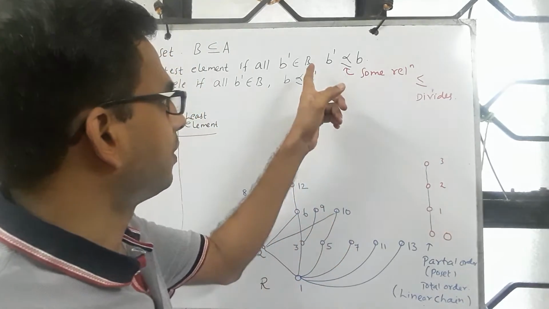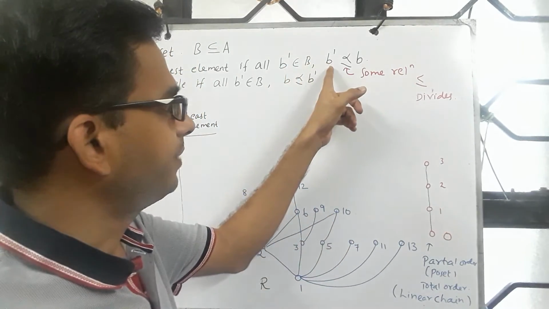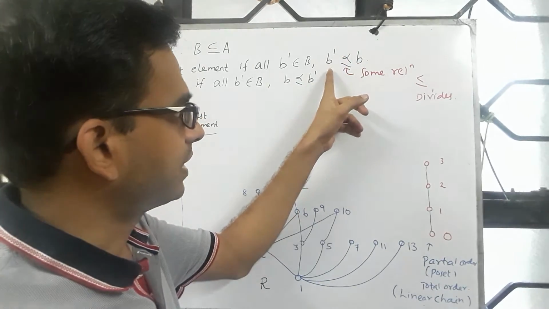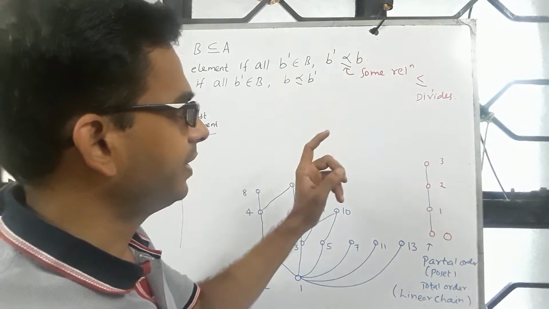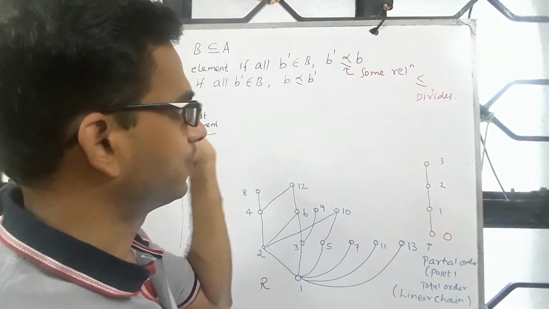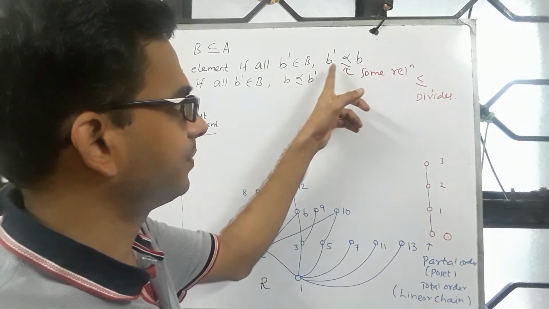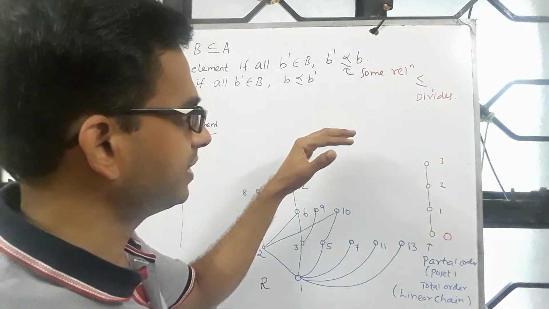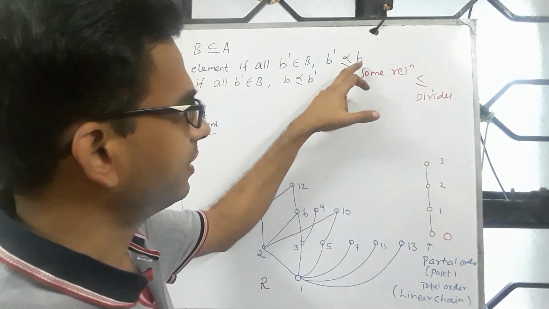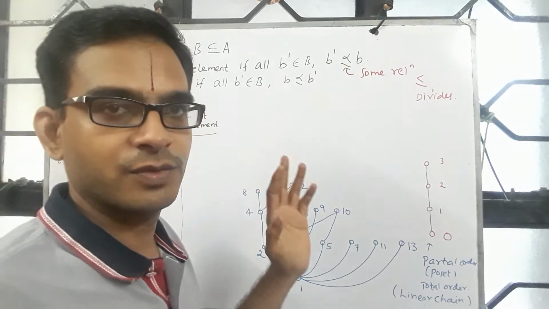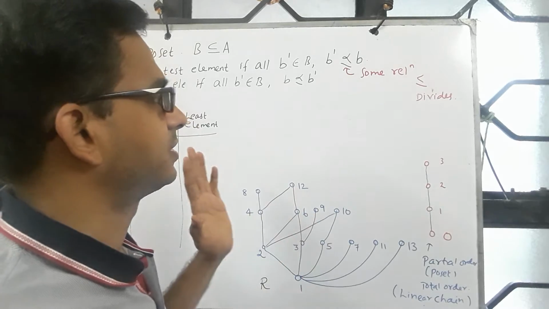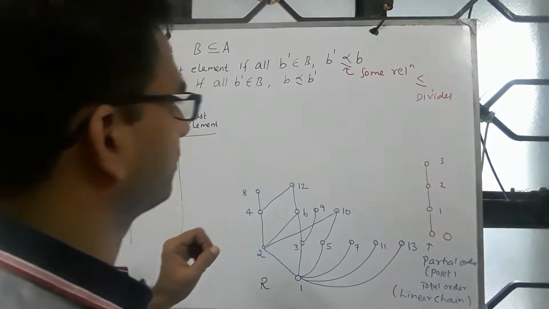We know that if there is an arc from b prime to b, and it's a partial order relation, you will find an arc from b prime to b, and which means in the underlying relation b is above, b prime is down, because we don't represent any other arcs. If at all there is an arc, it is an antisymmetric arc.